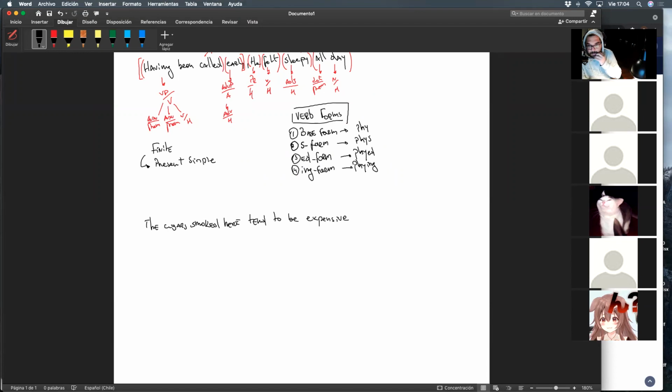Okay, the cigars smoked here tend to be expensive. I must look for the verb phrase, right? The problem is I have two different verbs. So I have to ask myself which one of them is the main verb phrase.